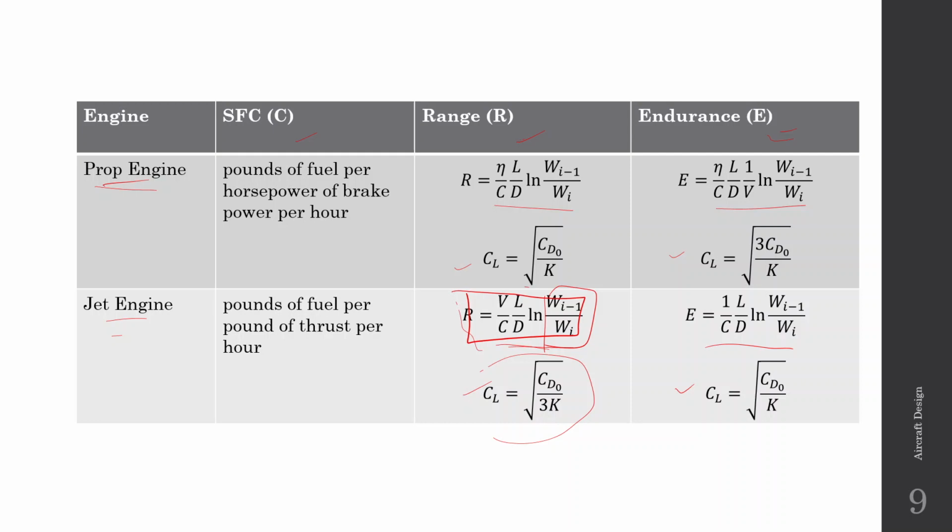What you can do is invert this formula to get Wi by Wi minus 1. Basically, you take all these terms to the left side and take the exponential. Then you can solve for Wi by Wi minus 1.